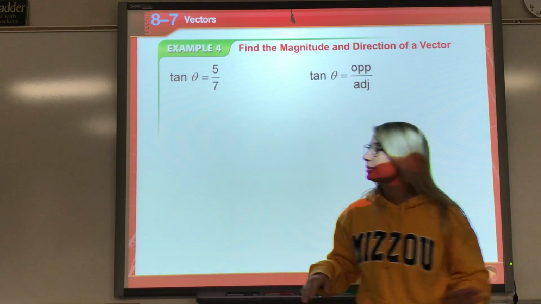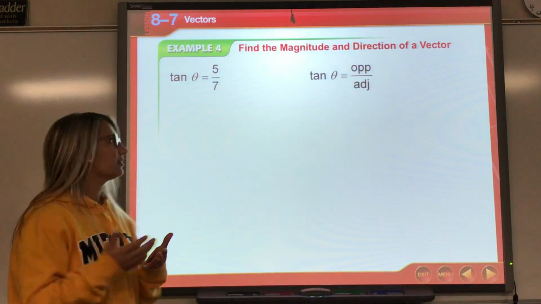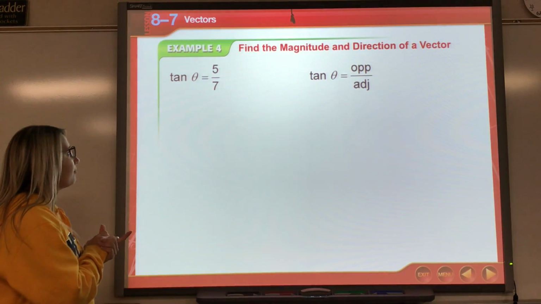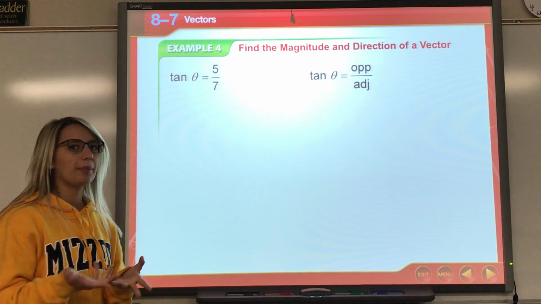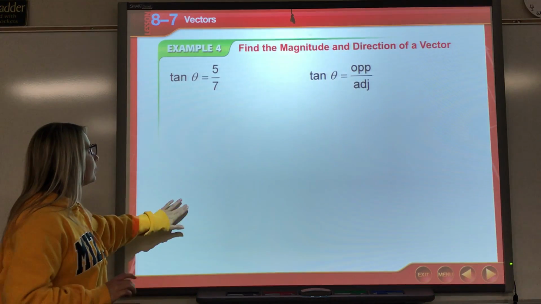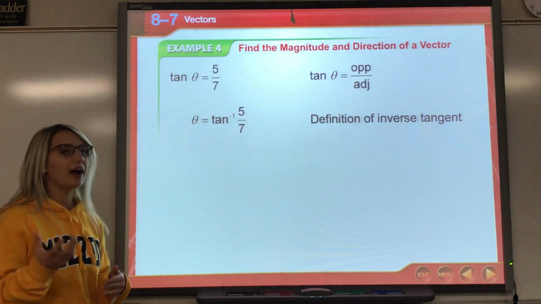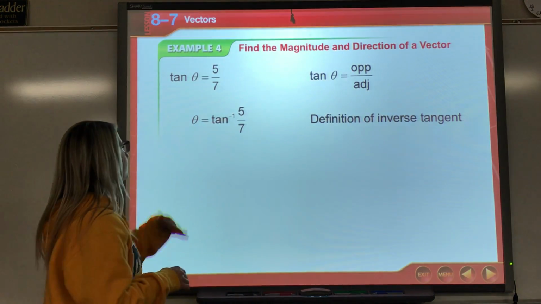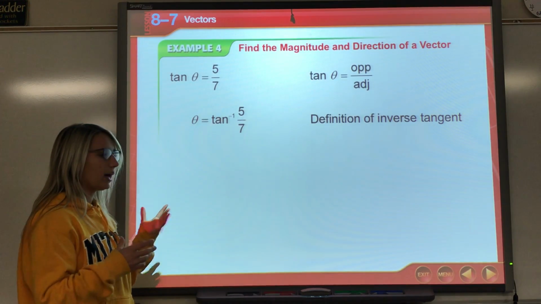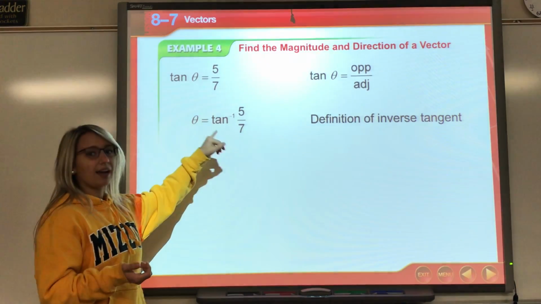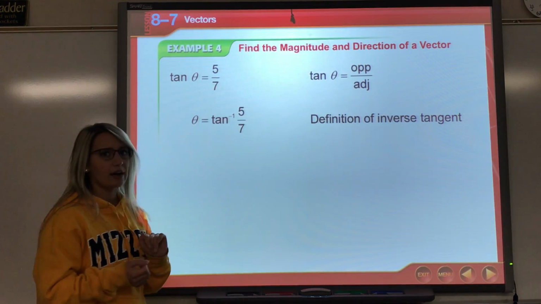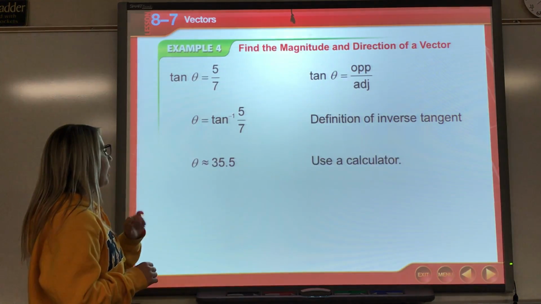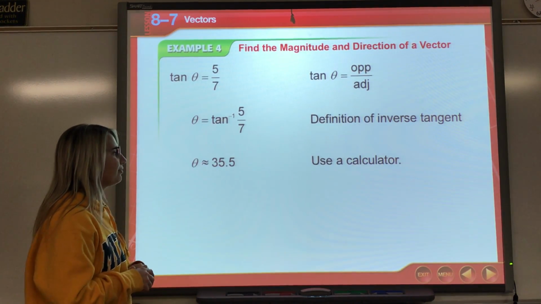Okay, anyways, so we have the tangent of theta equals 5 over 7 using that opposite over adjacent. Okay, and then to find what the measure of that angle is, we use the inverse of tangent. So we just go ahead, plug in second tangent 5 divided by 7 on our calculator, and then we should get about 35.5.